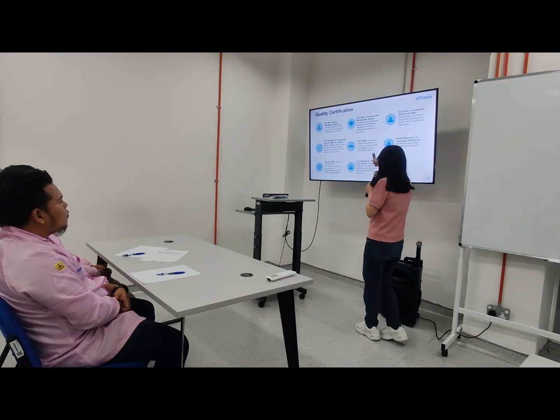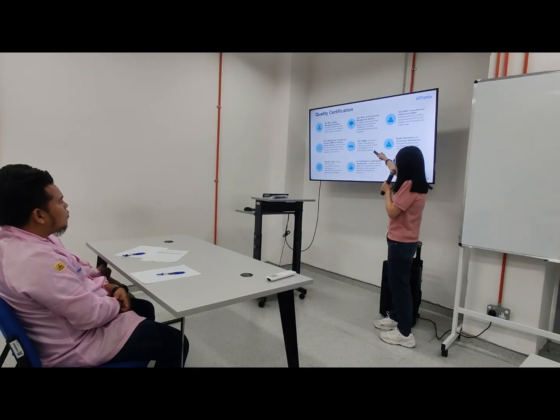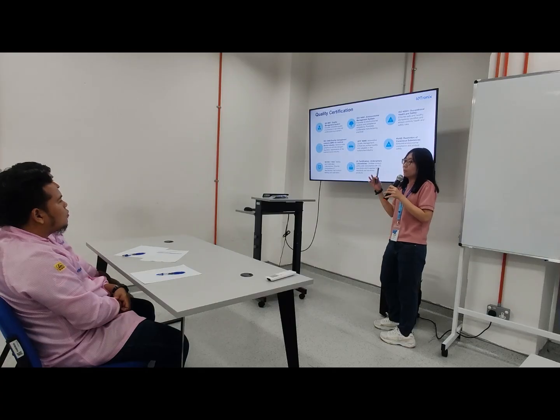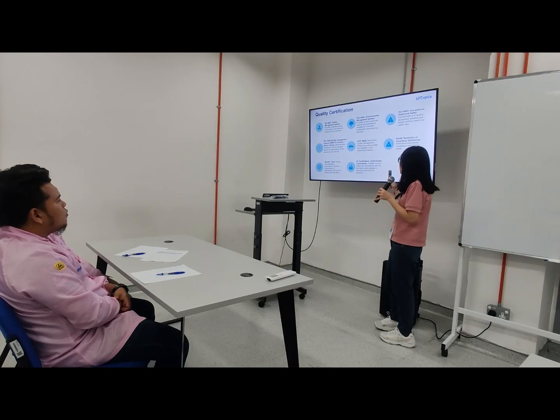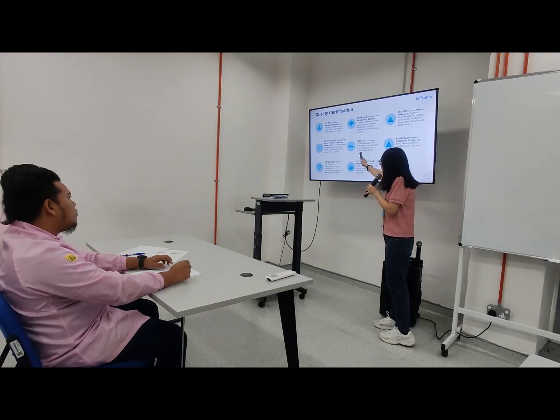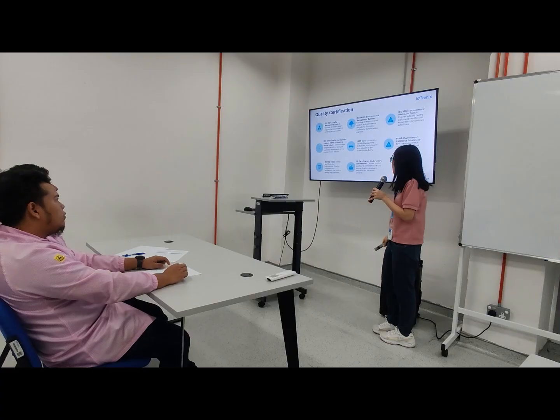Okay, this one is IATF 16949. This one is for automotive. Automotive also we plan to get. There is a plan for the QMS system to get this certification as well. This one we want to ensure the product quality and reliability in the automotive industry.